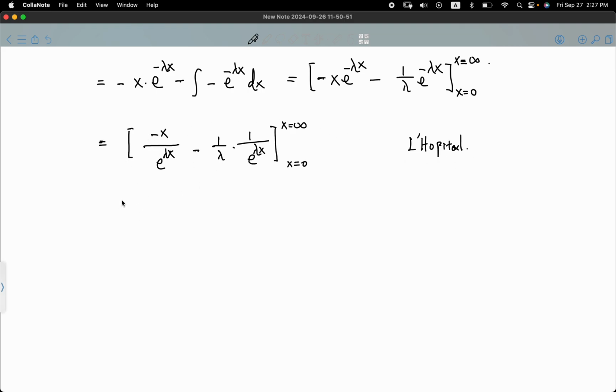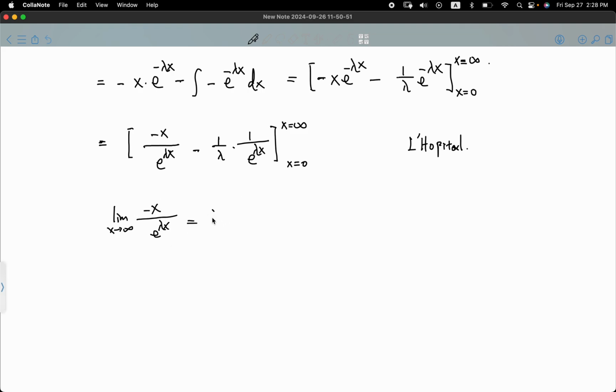The idea is that you need to take the derivative for x going to infinity. So you want to evaluate this, but you cannot evaluate infinity over infinity.